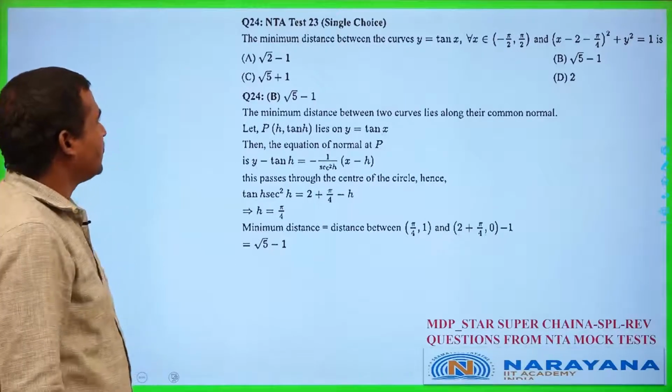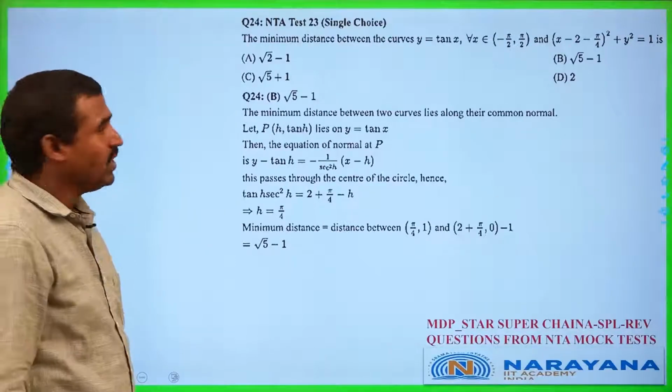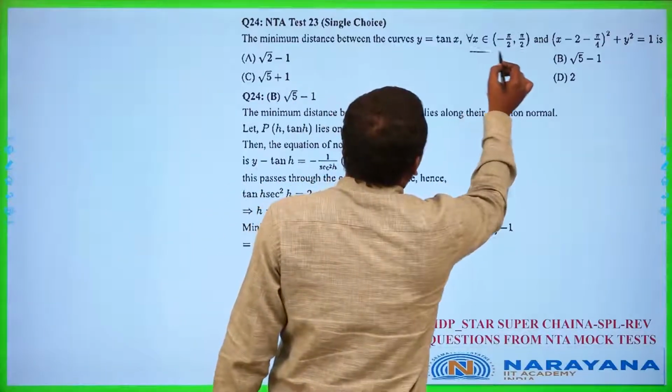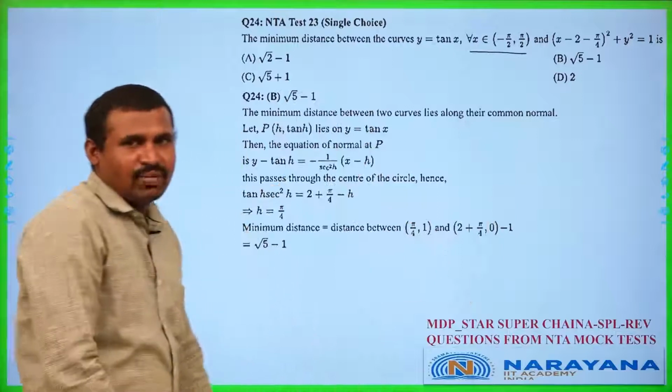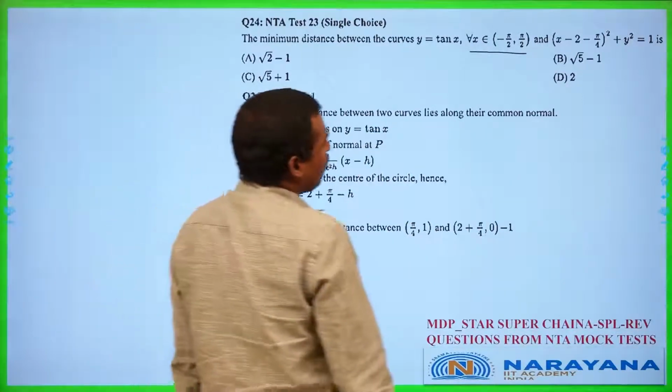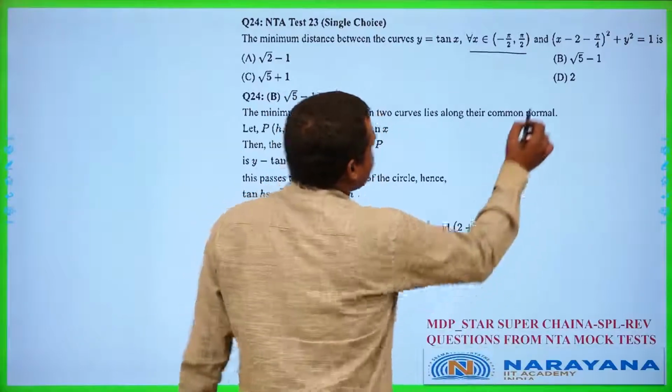The minimum distance between the curves y is equal to tan x, for every x belonging to minus pi by 2 to plus pi by 2, that is the domain of f of x, and x minus 2 minus pi by 4 whole square plus y square is equal to 1.